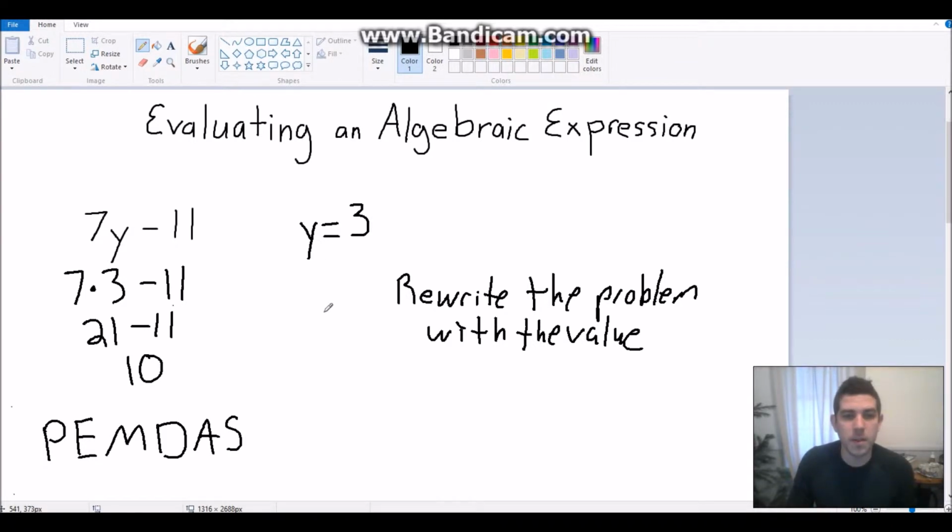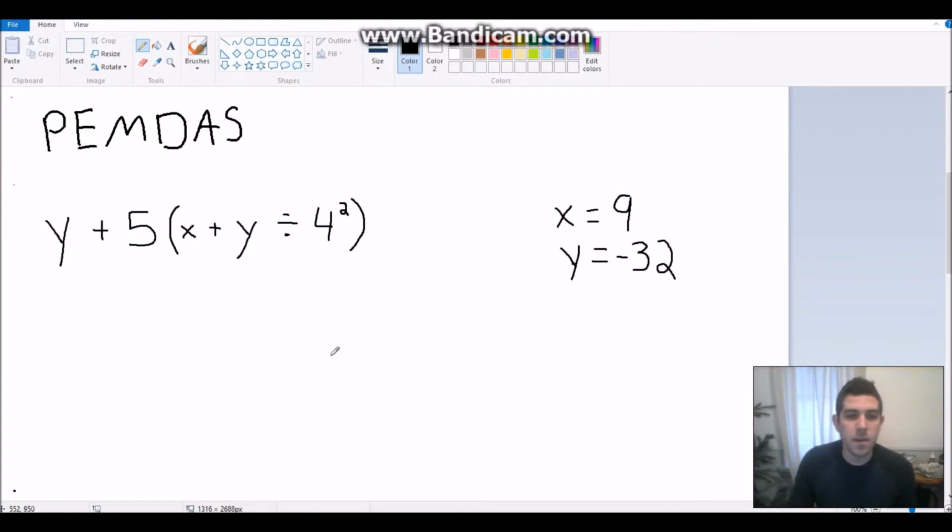Alright, let's try a harder one. Now here's a more complicated one that we're really going to need to use our PEMDAS skills. Notice that here I have two variables, x and y, but it's okay, because I have the value of x and the value of y. There are two y's here, but that's okay. I'm going to rewrite both of those y's with the value for y, negative 32. So first step, rewrite the problem with the value of each variable.